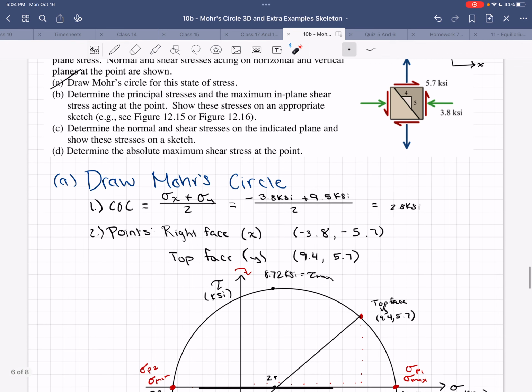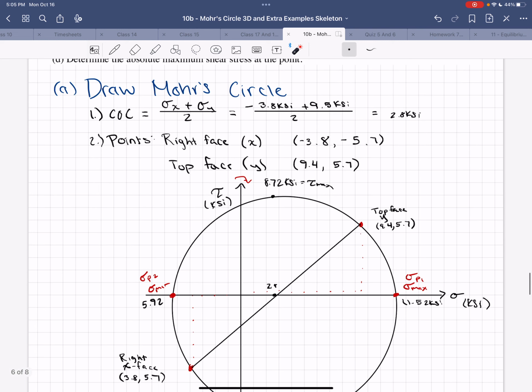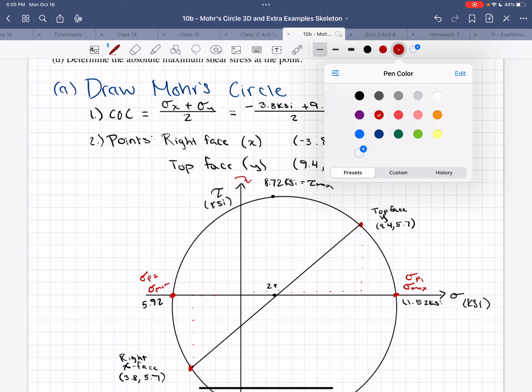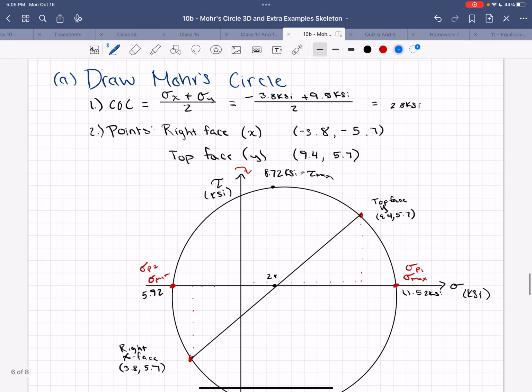So now we determined the maximum in-plane shear stress and the principal stresses. Now we need to show them on an appropriate sketch, which means we need the angle, because the sketch can't be appropriate if it's not at the correct angle. So that means that we have to calculate 2 theta on Mohr's circle. So I'm not going to make a silly mistake.